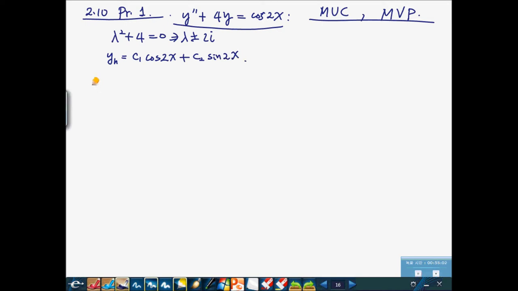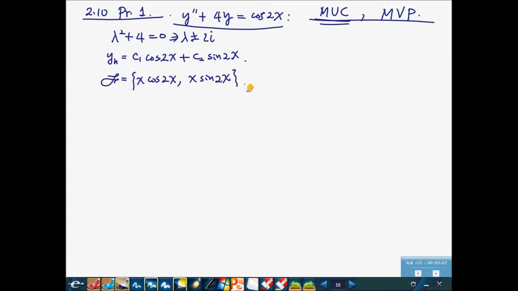So let's do it in MUC. The family would be cosine 2x, sine 2x, but it's already there, right? So it has to be x cosine 2x, x sine 2x.